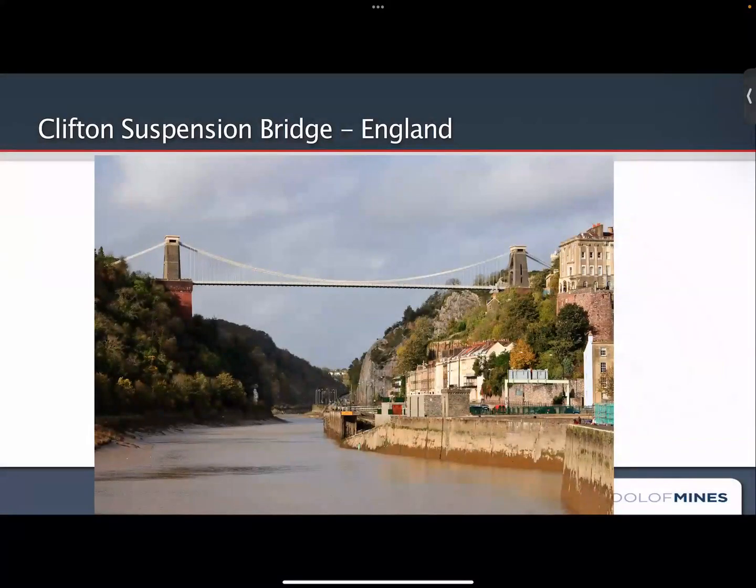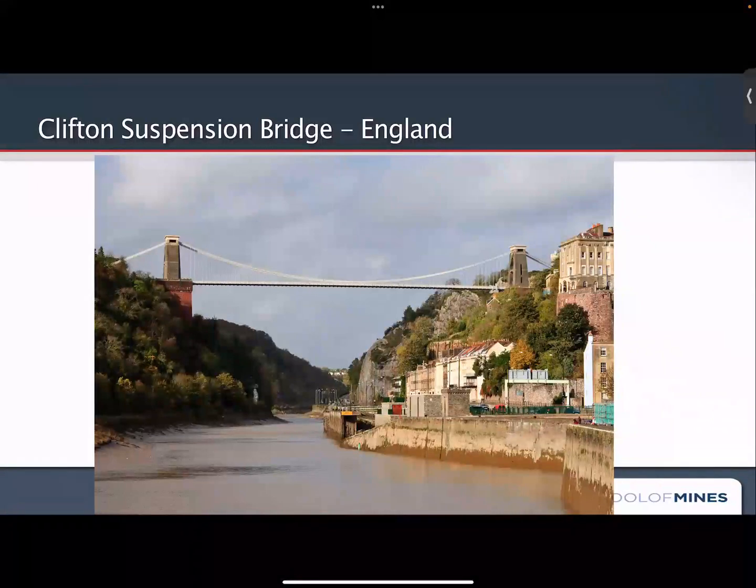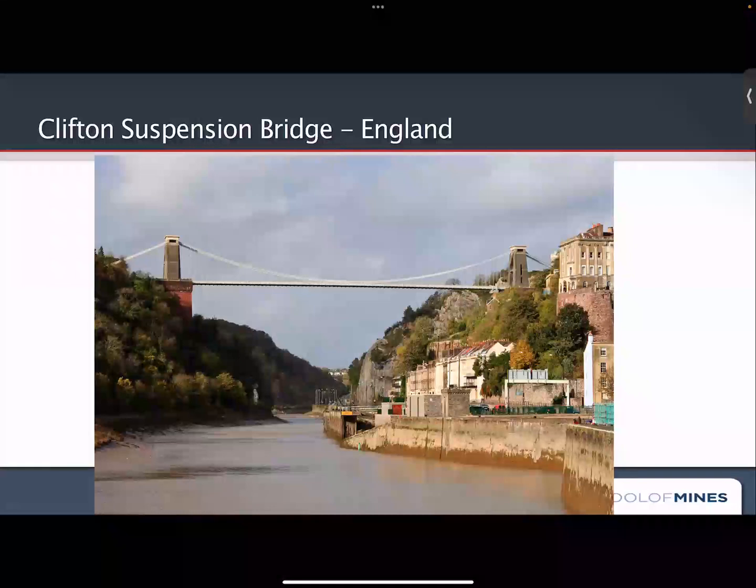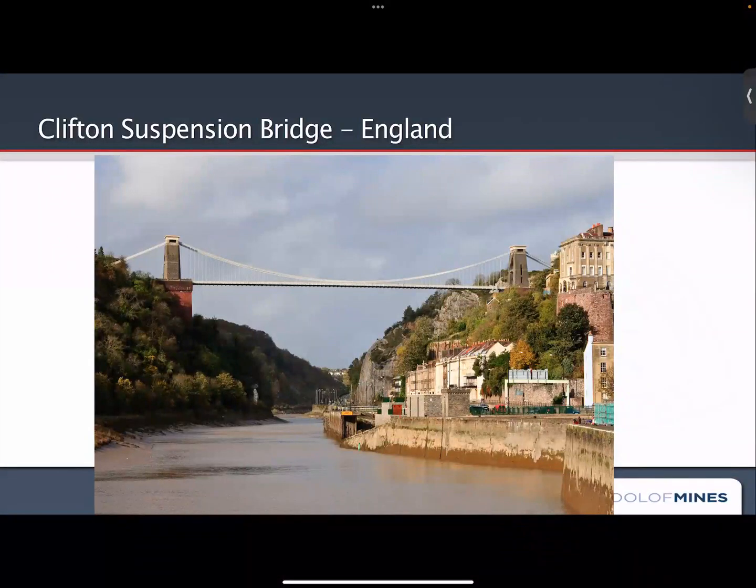Clifton Suspension Bridge, another nice example here. This is in England. Look how nice that looks right there. And we get this curving shape again. Now, you might think if these cables are all causing a point load on that cable, that there are actually straight segments in there. Well, these vertical cables are close enough together to transfer the load uniformly up to that cable.